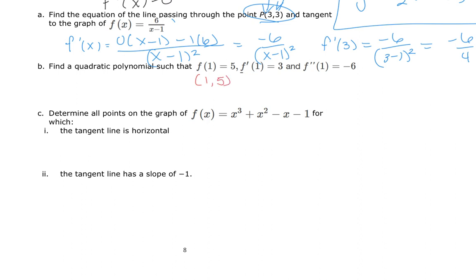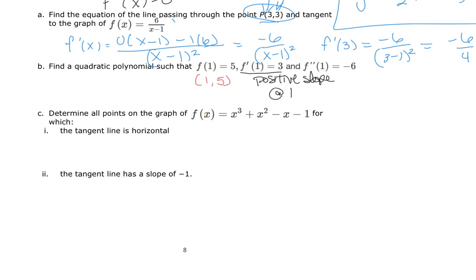They're telling me f prime of 1 is equal to 3. They're telling me the derivative evaluated at 1 is a positive slope. Okay. The next thing they're telling me is that the second derivative at 1 is negative 6.